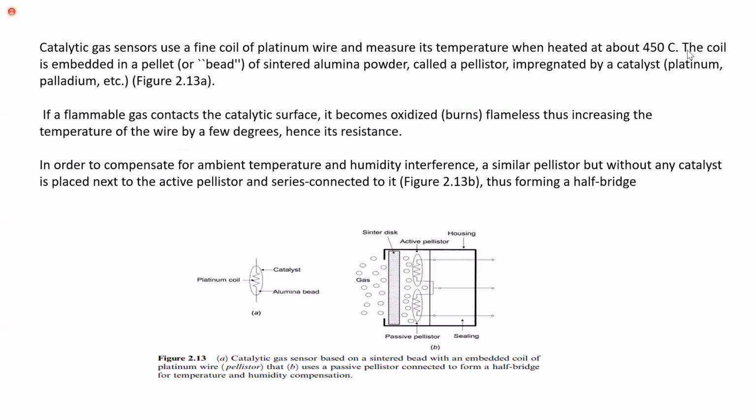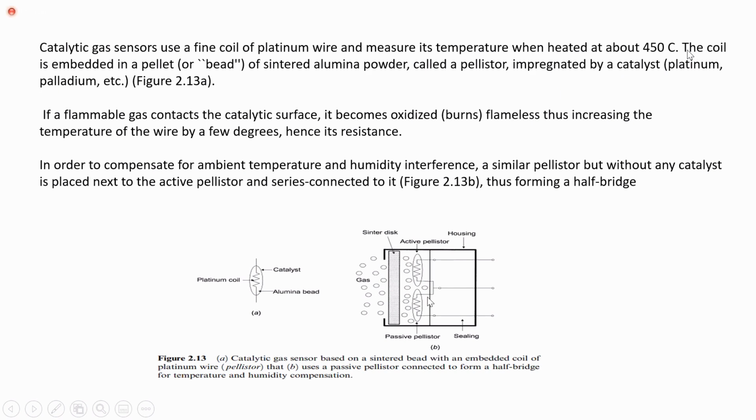Another type of RTD here is a catalytic gas sensor based on a sintered bead with an embedded coil of platinum wire. Catalytic gas sensors use a fine coil of platinum wire and measure its temperature when heated to about 450 degrees Celsius.